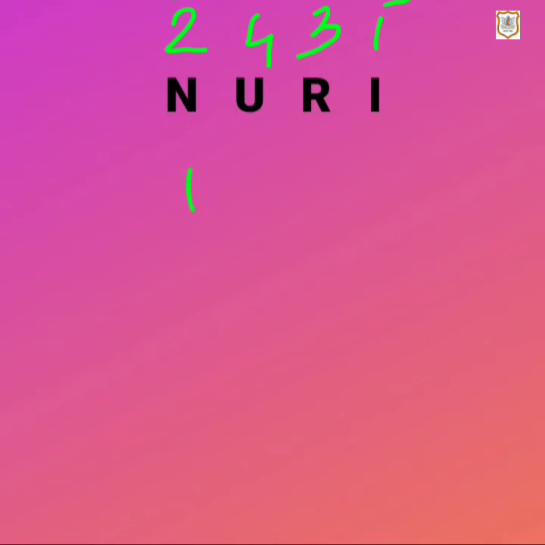Then the next number is 4, and on the right hand side of 4 there are two numbers which are less than 4. 3 and 1 are less than 4, so these are two numbers, so we'll write here 2. Then on the right hand side of 3, the one number is less than 3, so we'll write here 1, and to the right hand side of 1 there is no number, so we'll write here 0. This way we have done the second step, which is looking for the less than number.